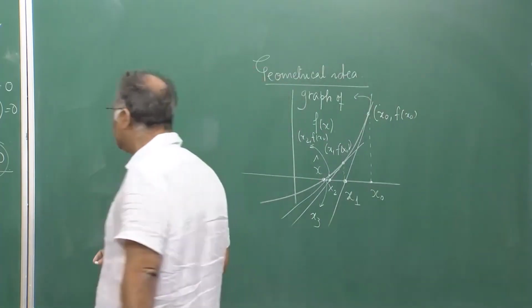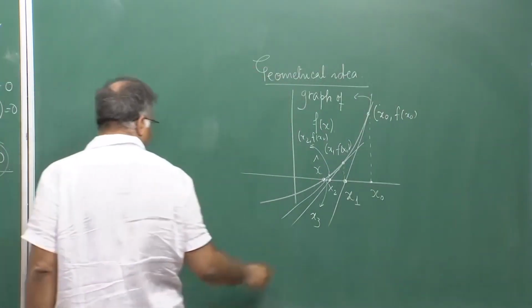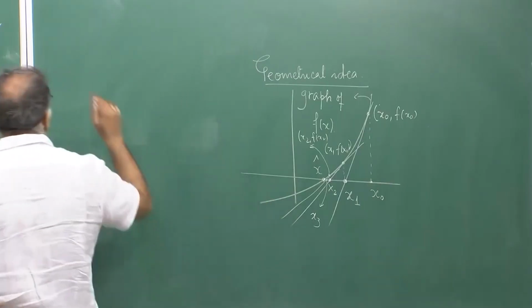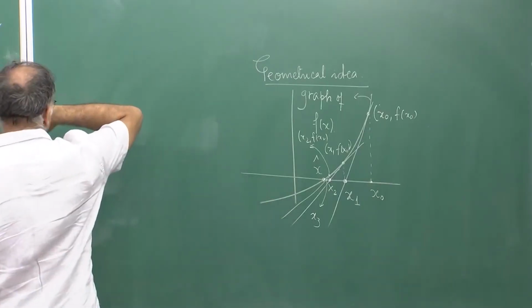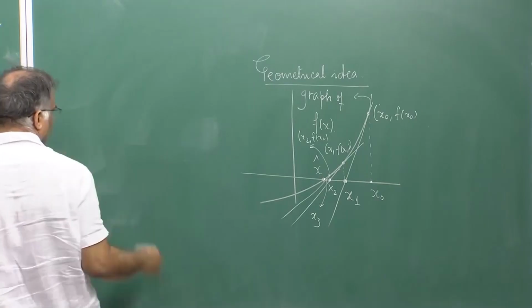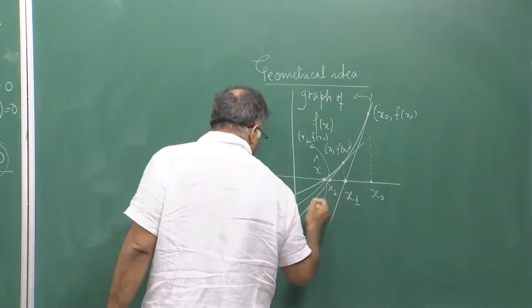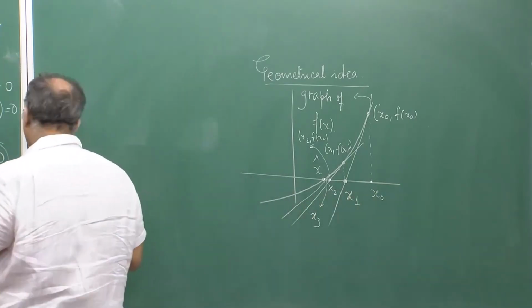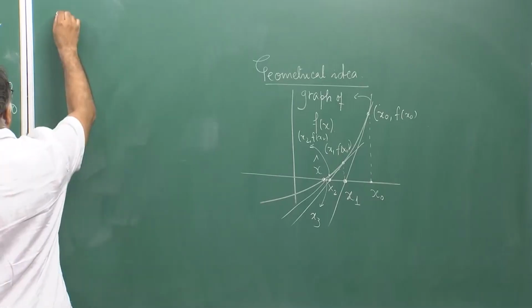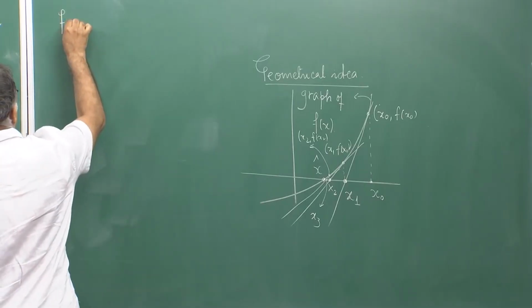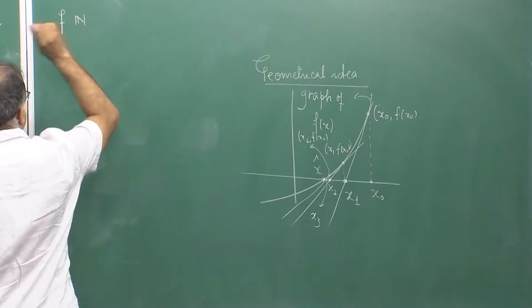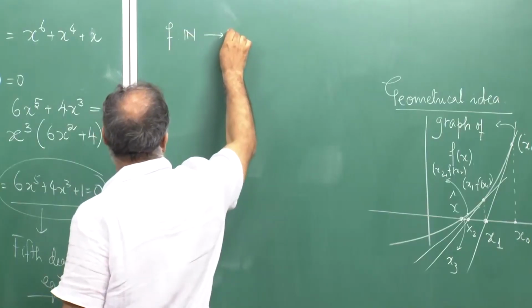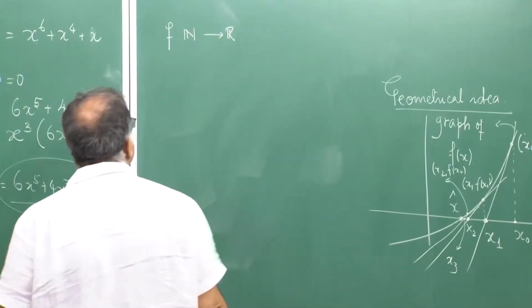So, a sequence: though we have started with x0, x1, x2, xn, maybe the starting point could be x1, it does not matter. If you take a function from the natural numbers N to R, this is called a sequence.